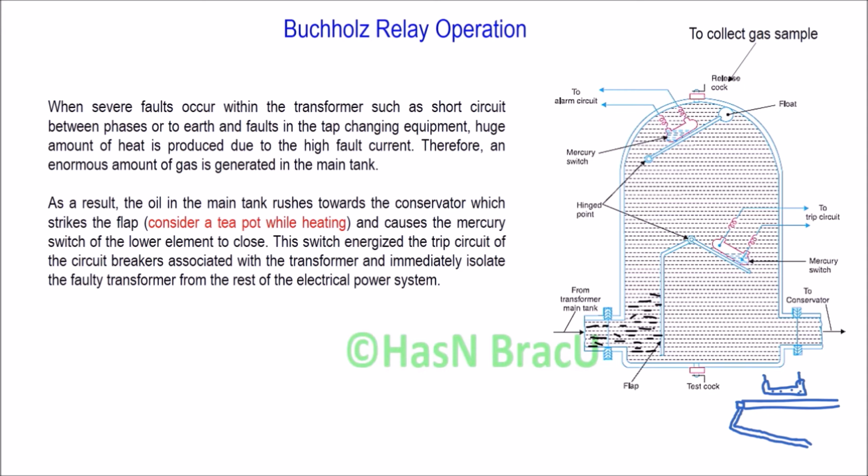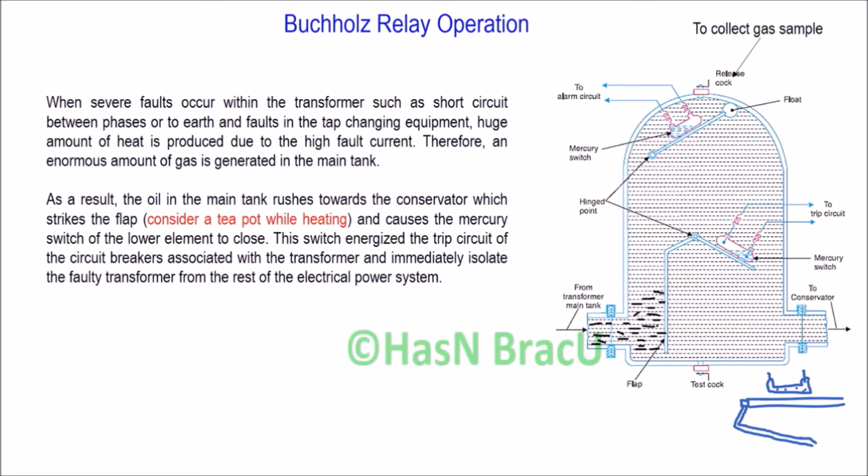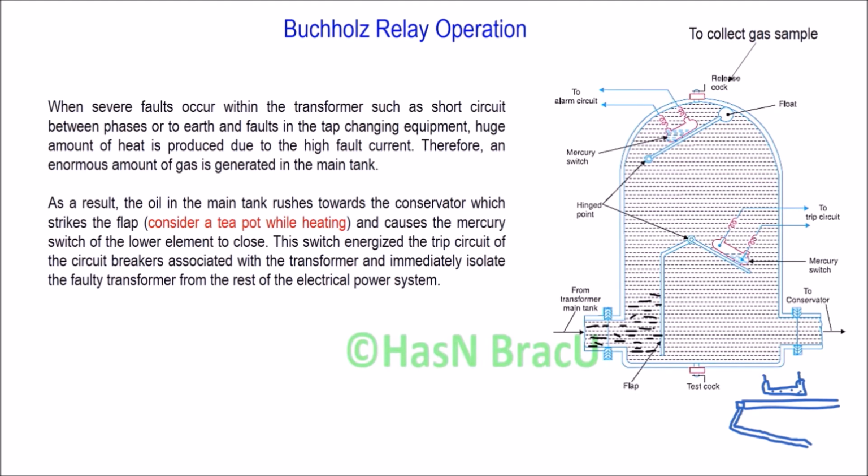When a huge amount of gas is generated, the movement of oil is also increased in the main tank. Now, due to the increased movement of oil, the oil in the main tank rushes towards the conservator with high pressure. Due to the rush of oil towards the conservator, it strikes the flap.